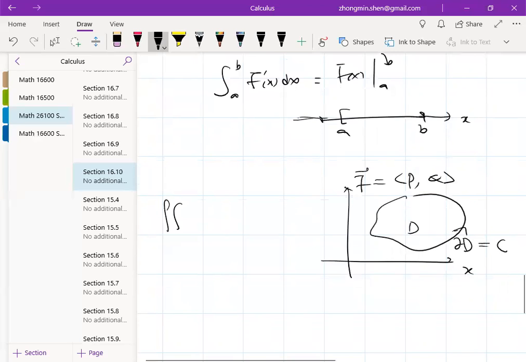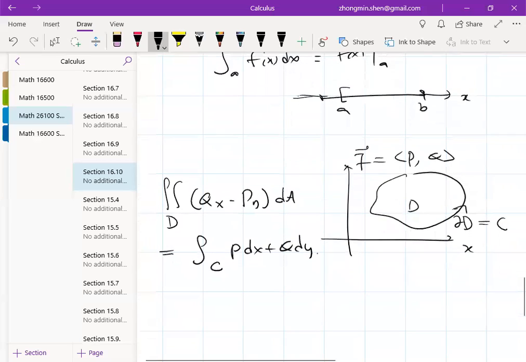Compared to the above theorem, now you have a double integral of Q_x minus P_y dA, and that is equal to the integral around the boundary. This time it's a little bit more complicated: the integral over C of P dx plus Q dy. That's the theorem.